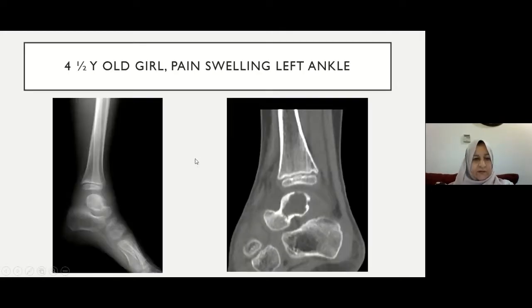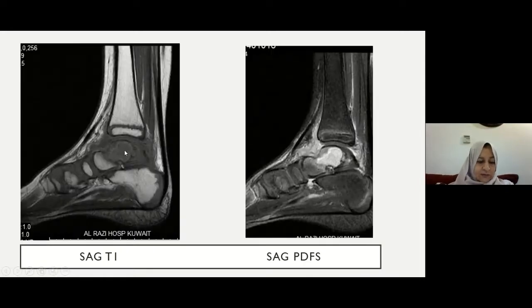Next case, a 4.5-year-old girl, lytic lesion in the talus surrounded by a zone of sclerosis. Here in coronal T1, you can see the central hypointensity, and you can see how the penumbra is shown in the non-contrast. Still, we can appreciate this hyperintense rim surrounding the hypointensity.